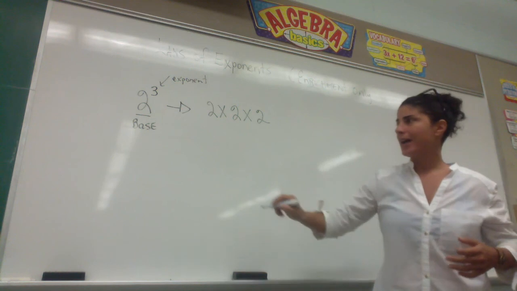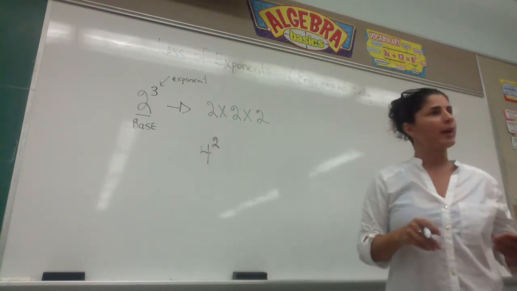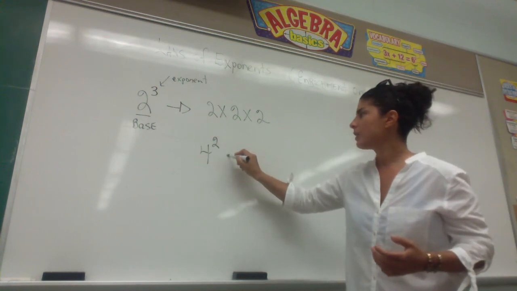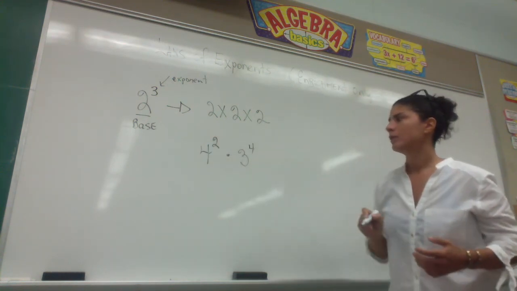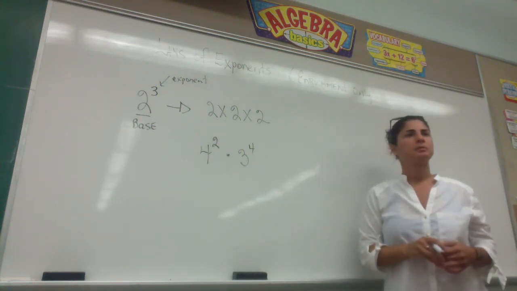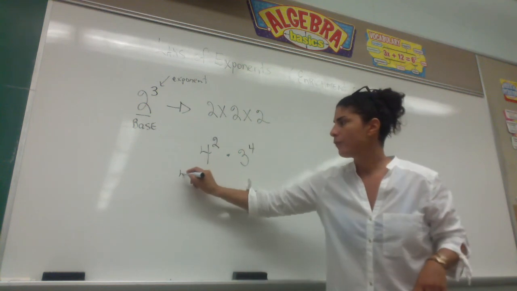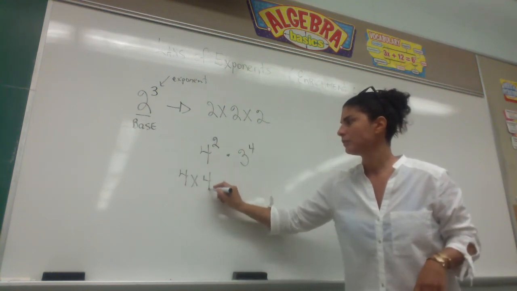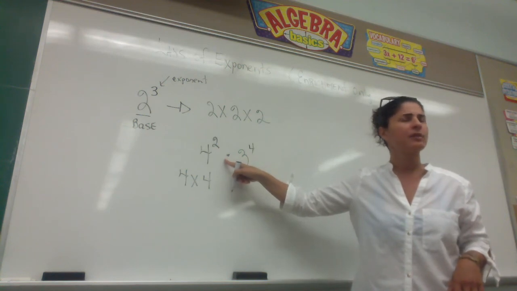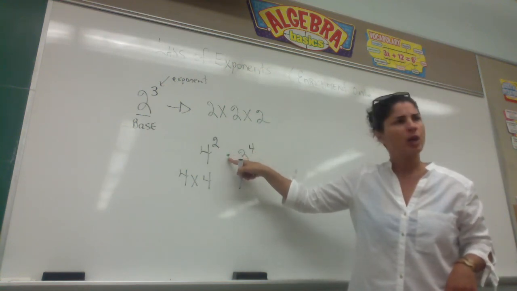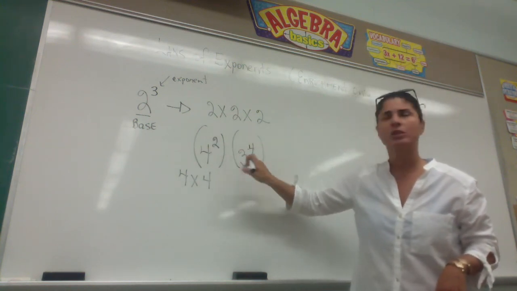What if I had 4 to the power of 2, so 4 squared, times 3 to the power of 4? What does this mean? Means 4 times 4 times, that dot means a times. Now they could have done it with this dot. They could have also used 2 sets of brackets to show multiplication.